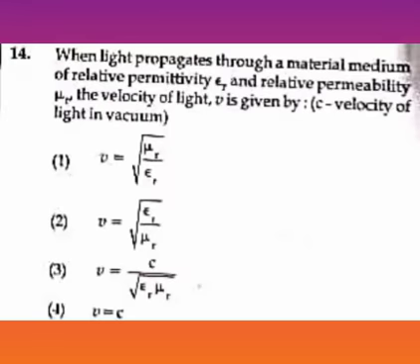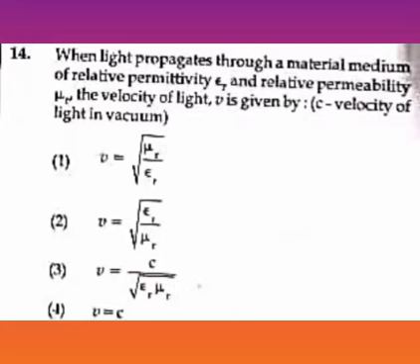Question number 14. When light propagates through a material medium of relative permittivity epsilon r and relative permeability mu r, the velocity of light v is given by (c is the velocity of light in vacuum).